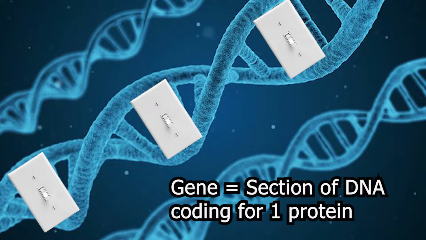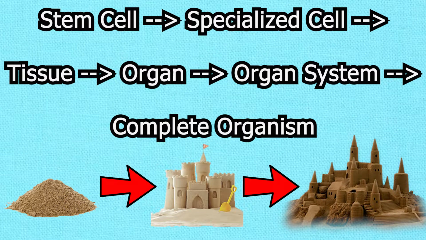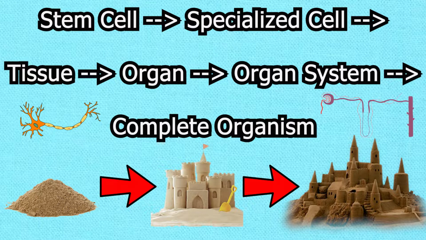It all depends on the complexity of the cell. So stem cells, by being activated by hormones or some other chemical messenger, are going to start flipping on light switches and becoming a very specialized cell. They'll decide that they're going to be a brain cell and they'll go along that path and become a neuron, or they'll decide they need to be in the kidney and they'll go along that path and become a nephron. This is called cell differentiation.